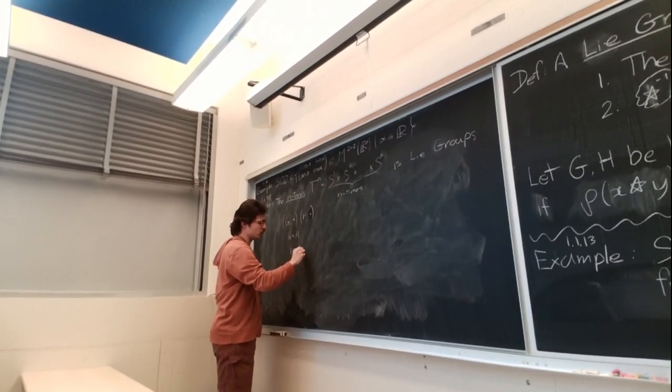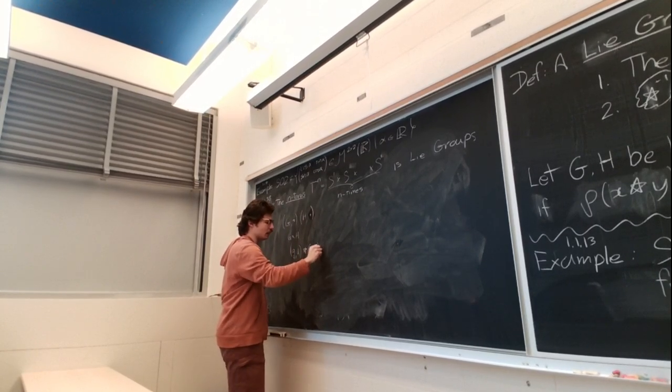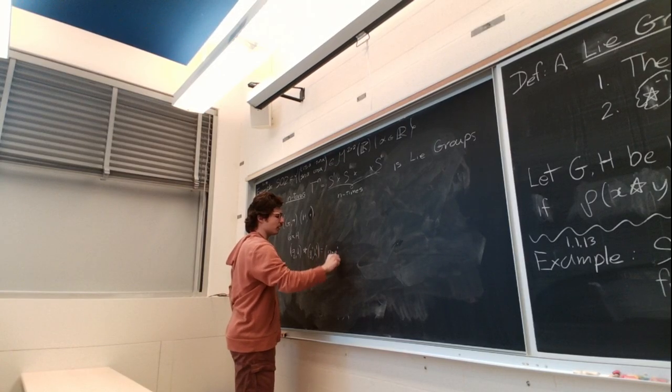You do each part. The usual way to define it is (g, h) times (g', h') is g star g', h dot h'.